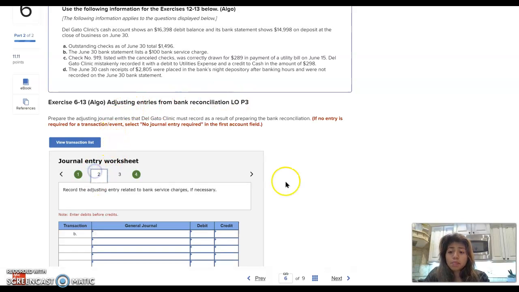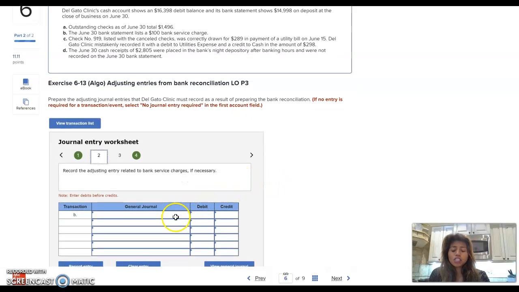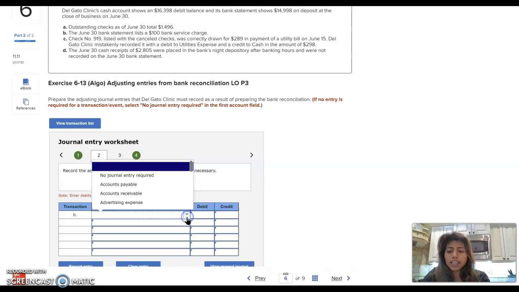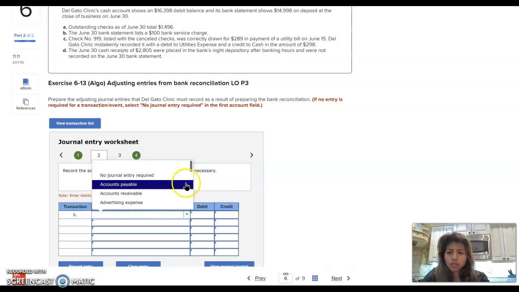And then number 2, the June 30th bank statement lists a $100 bank service charge. That was recorded in the book statement, so it has to be recorded right here. So we do debits first and then credits every time when we do general ledgers, journal entries.